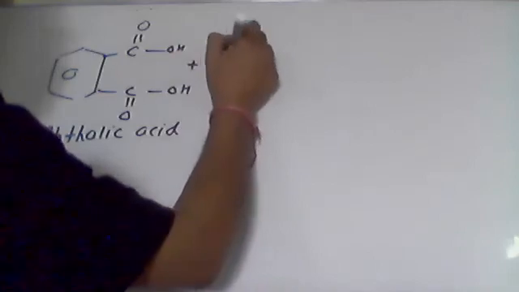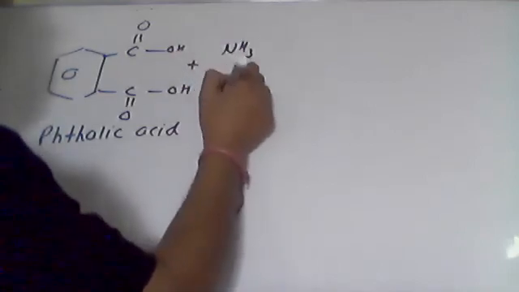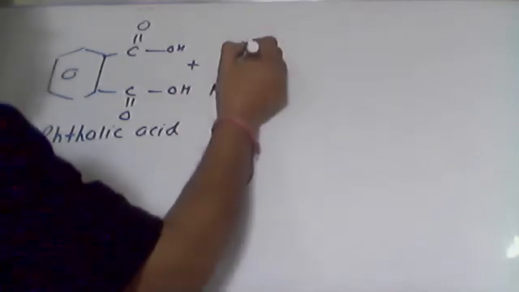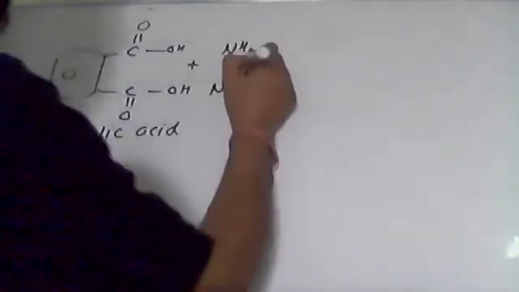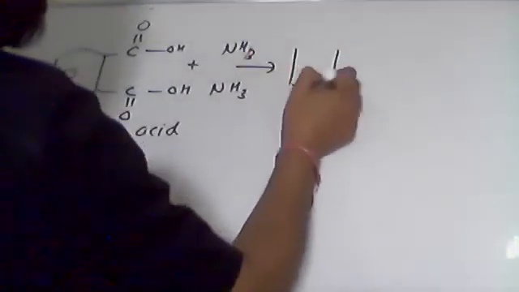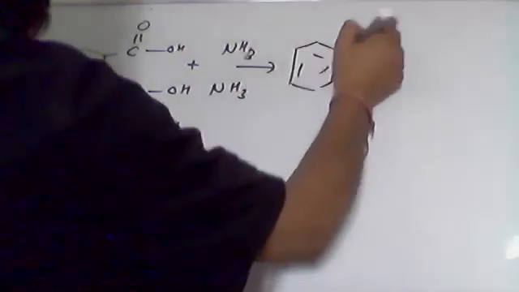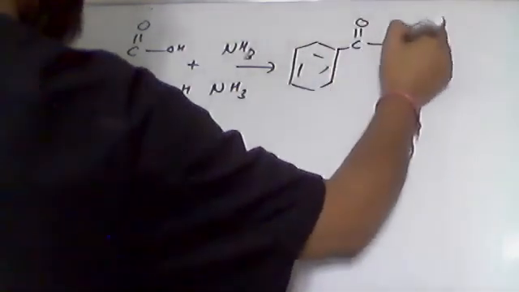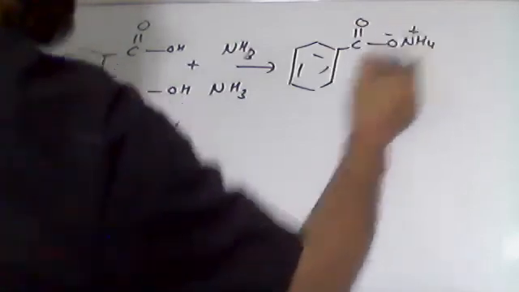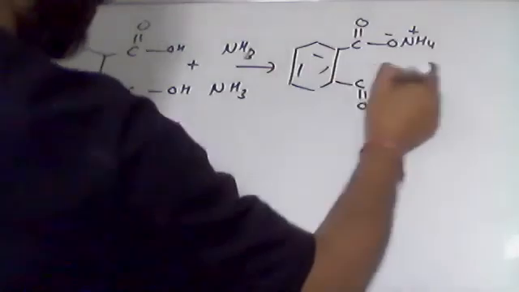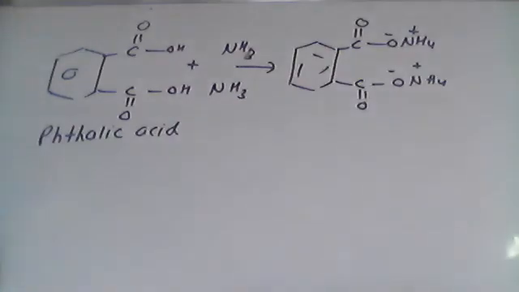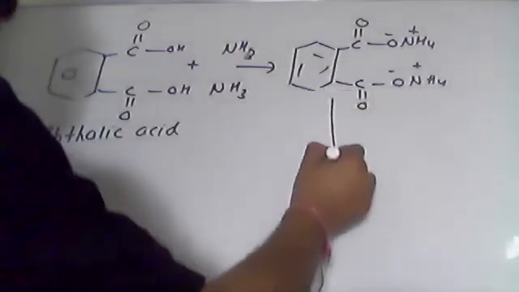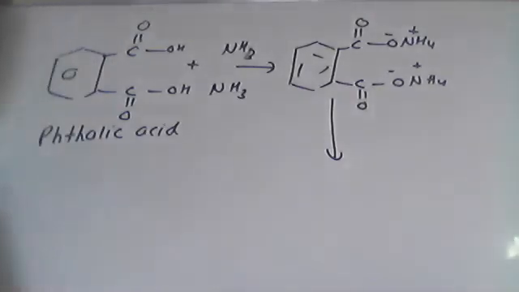We are going to react this phthalic acid with two molecules of ammonia, NH3 and NH3. So acid and base, as we discussed, form a salt. With ammonia we have done this reaction, so I will get the salt: C double bond O, O negative NH4 positive, on both sides. And when we heat it, a water molecule moves out and the amide is formed.